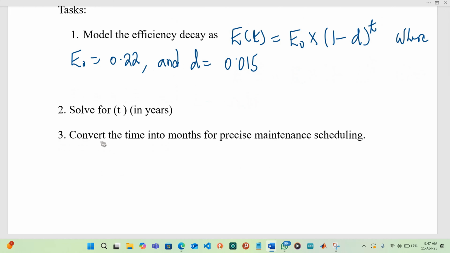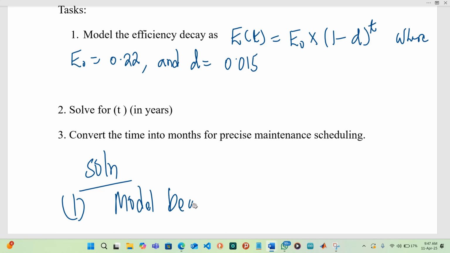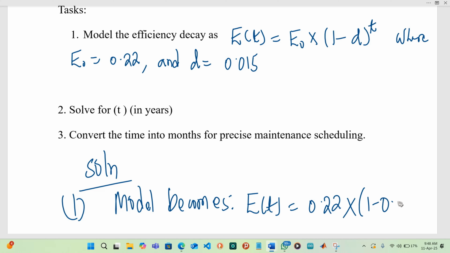So let's look at what that model says. From number 1, the model becomes E of t equals E naught, which is 0.22, times (1 minus 0.015) power t. So what does that become?